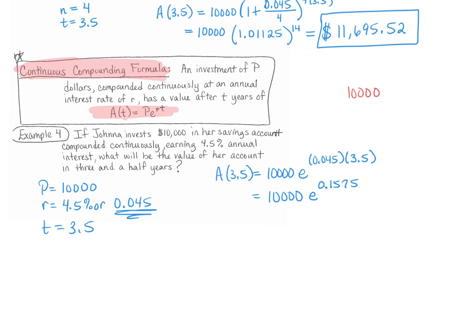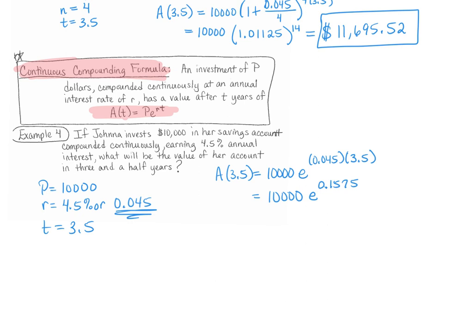Does your calculator take multiple steps at once or no? Some calculators you can enter everything at once. Sometimes you can't. If you cannot, and you have a scientific calculator, you may have to enter your exponent first.